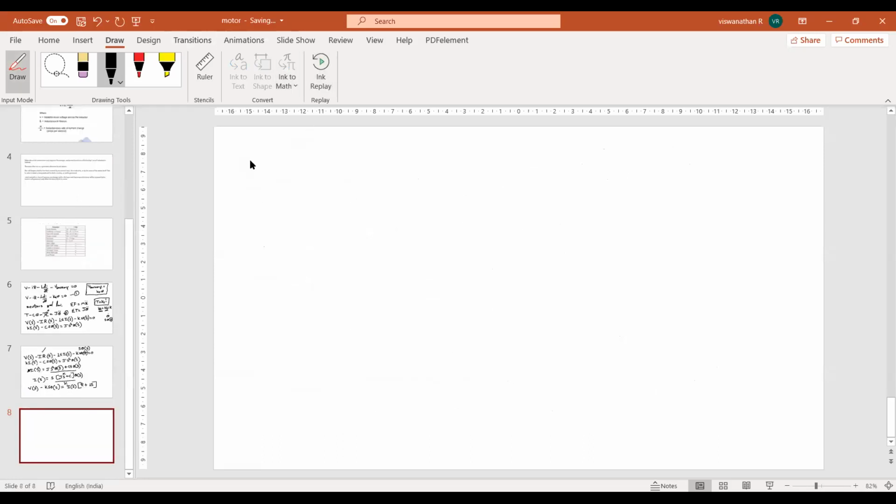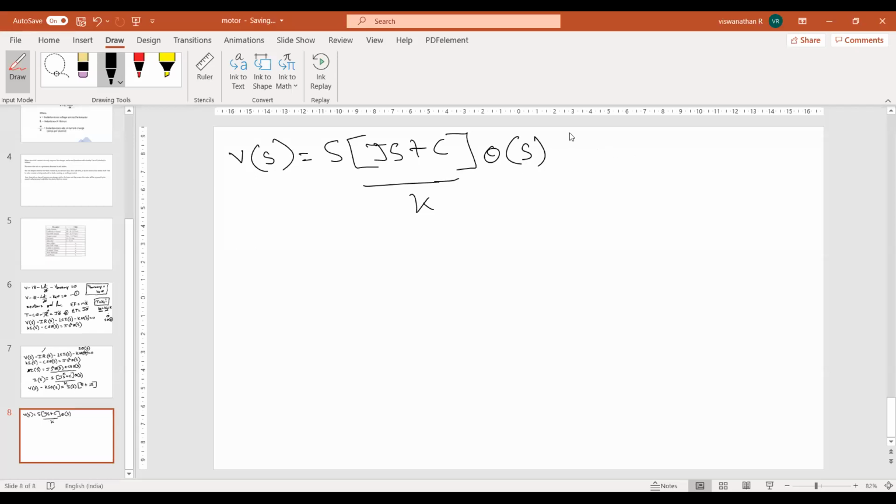So v of s will be equal to s into js plus c by k theta of s, multiplied by r plus ls, plus ks theta of s.